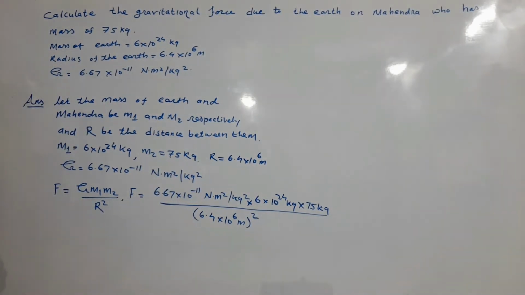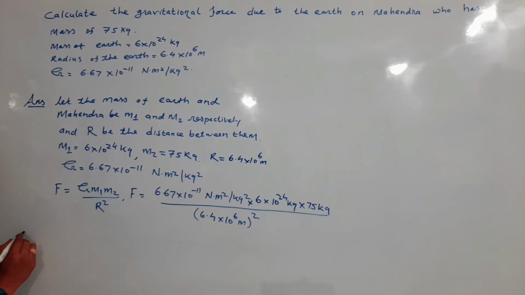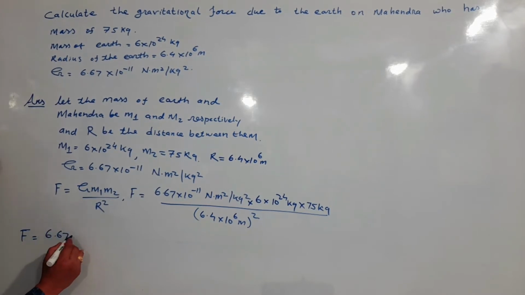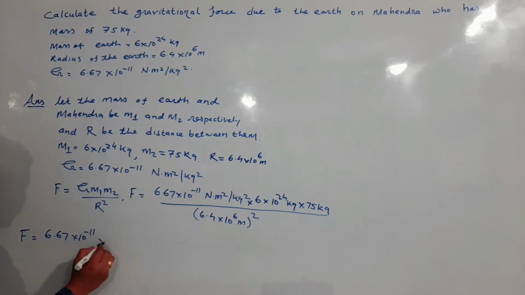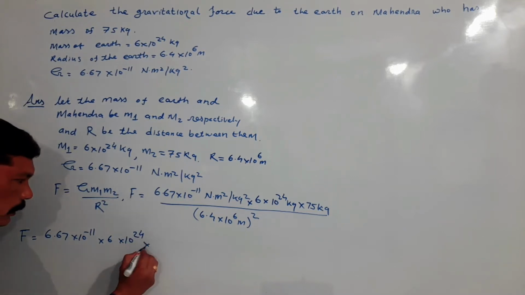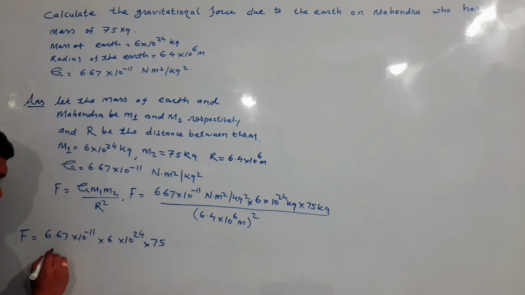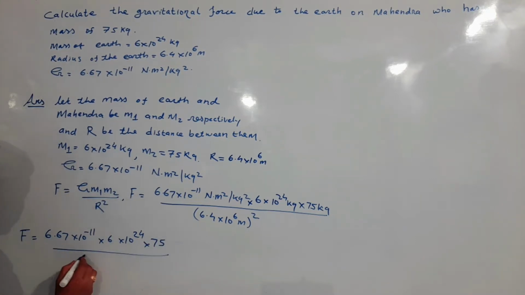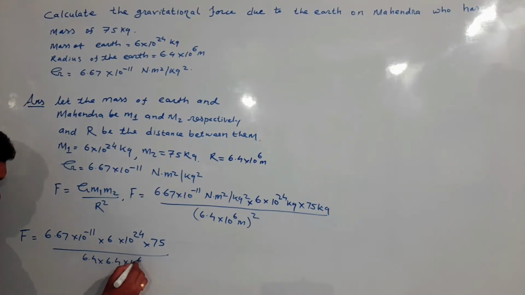So my dear student, we can write F is equal to 6.67 into 10 to the power minus 11 into 6 into 10 to the power 24 into 75 upon 6.4 into 6.4 into 10 to the power 6 into 10 to the power 6.